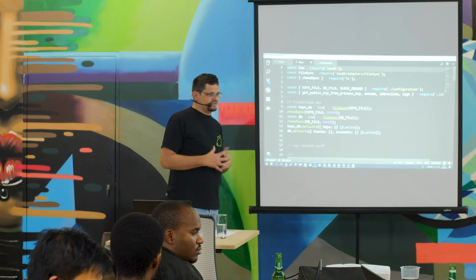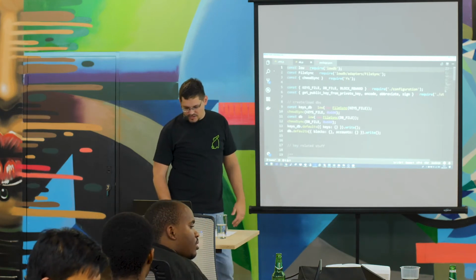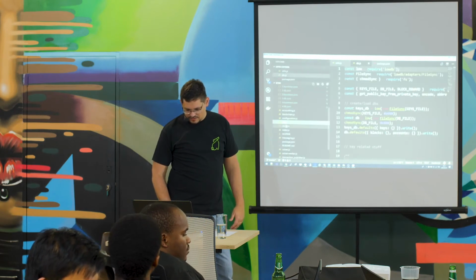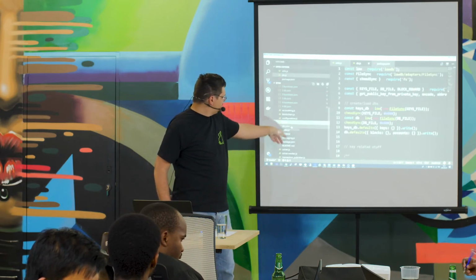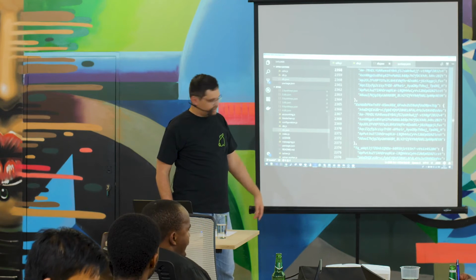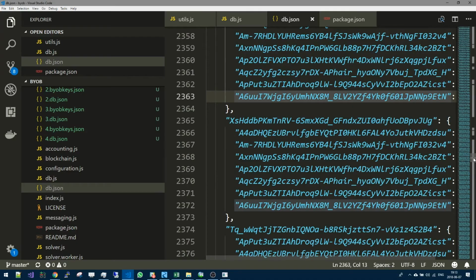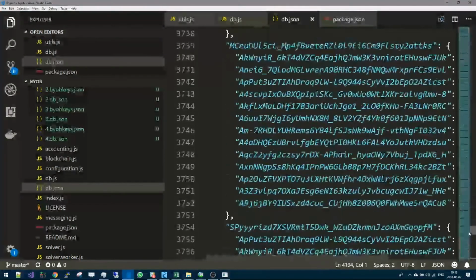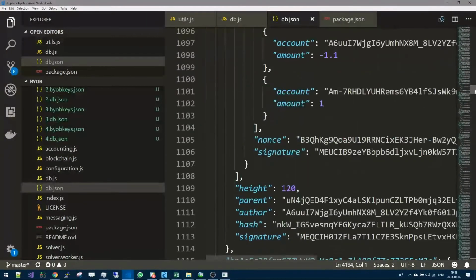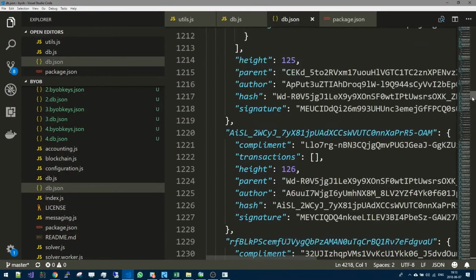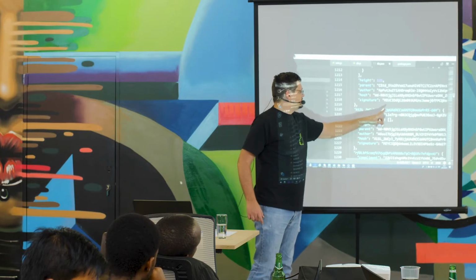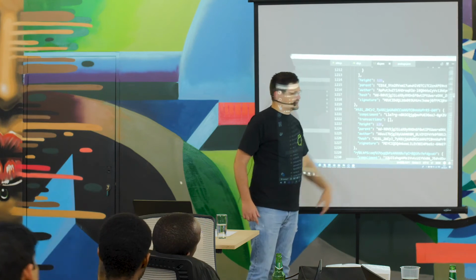Like I said, the database is just a file. I'll quickly open the database. There's db.json here, and this is what it looks like by now. It's got a bunch of stuff. Most of it is just keys. This is a hash value, that's a hash value, that's a public key, that's a hash value, that's a signature.